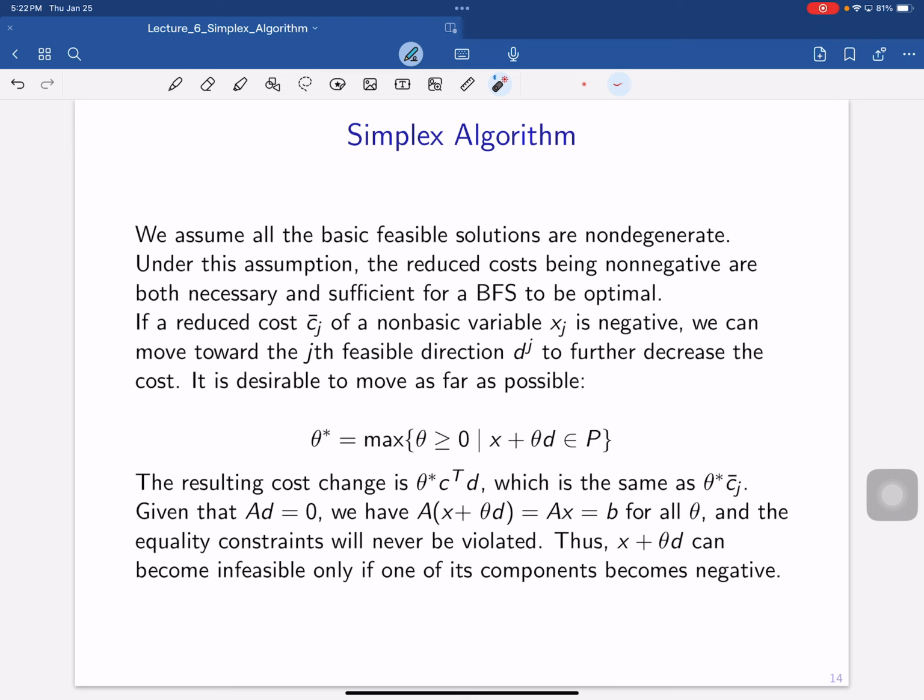So in other words, this x plus theta d can only become infeasible if the inequality constraints are violated. In other words, if one of those components becomes negative, that's when you go out of this polyhedral set, right?